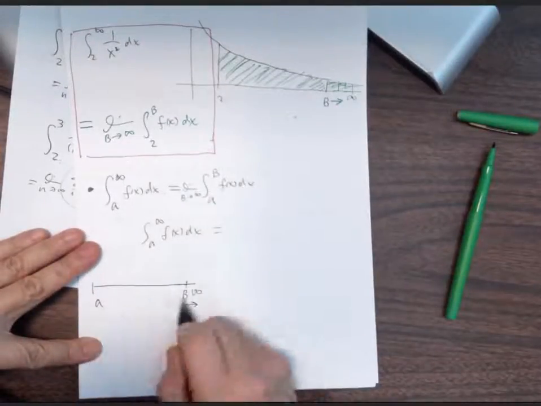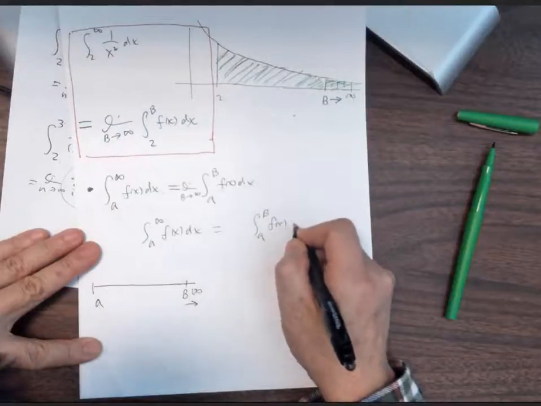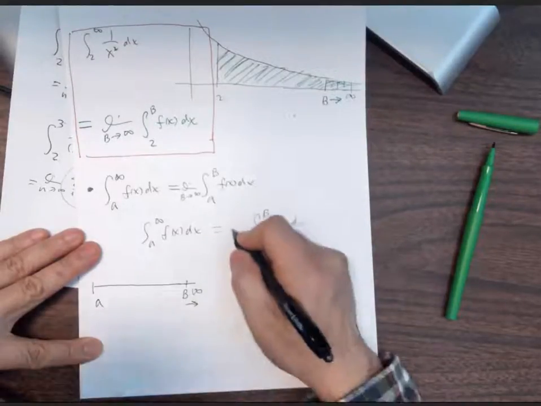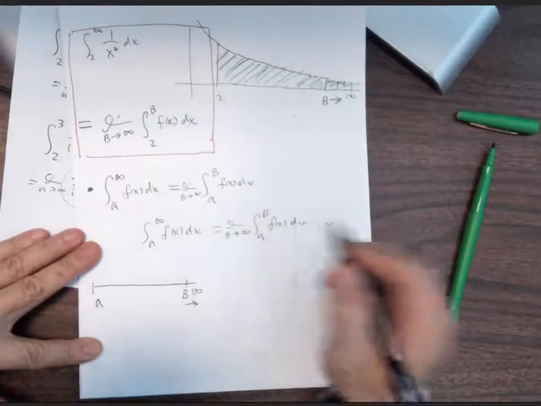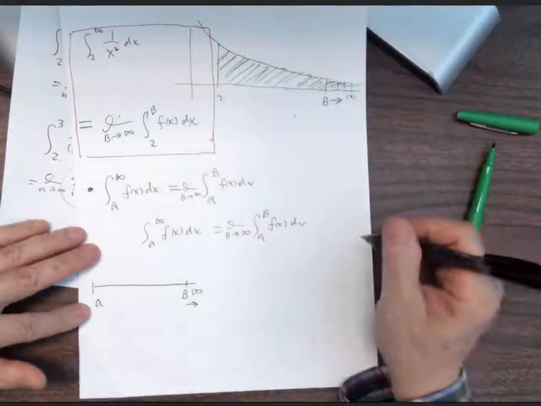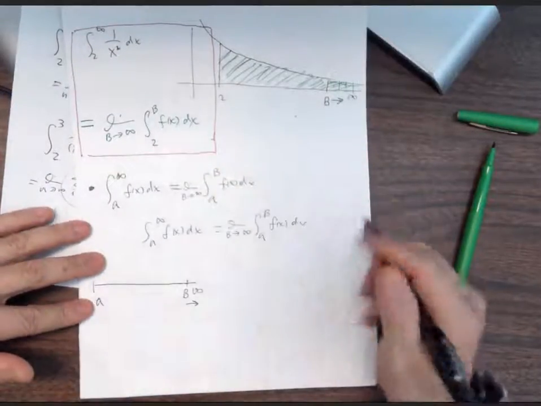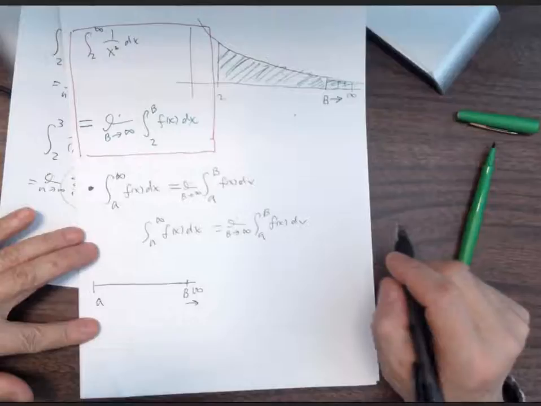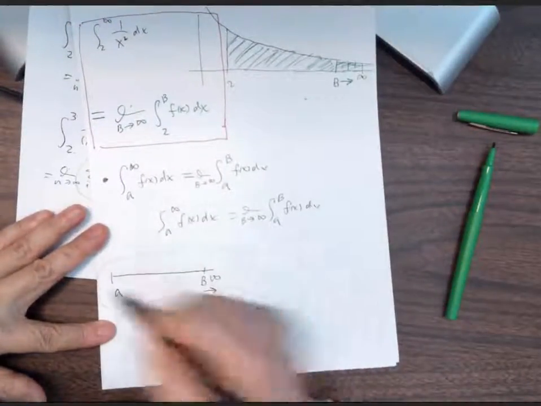This way, the number 9 guides me to come up with the correct expression. So I'll integrate from a to b, and then b will be pushed to infinity. So I come up with the correct limit expression. It is very important to draw a number 9 like that.